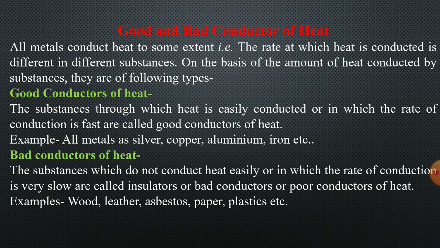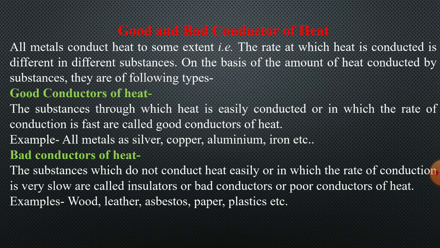So students, almost all metals are very good conductors of heat. Among these, copper is a very good conductor of heat. In 6th class, I taught you that silver is the best conductor of electricity, and copper is also an excellent conductor of electricity.